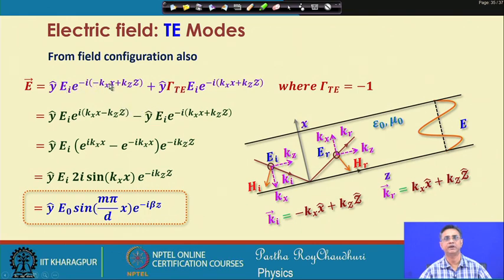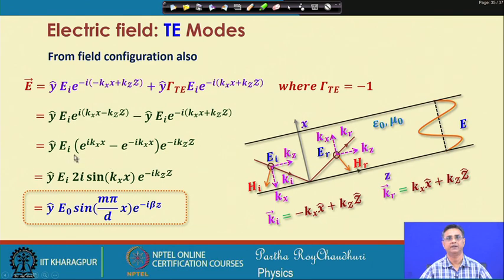So, this is a wave which is propagating along the positive x axis, and this will be minus because there is a minus sign, and this is the reflected wave. So, I take the superposition of these two waves, which you can put together in this form, because e to the power of i k z z will be taken out and you are left with this part inside.